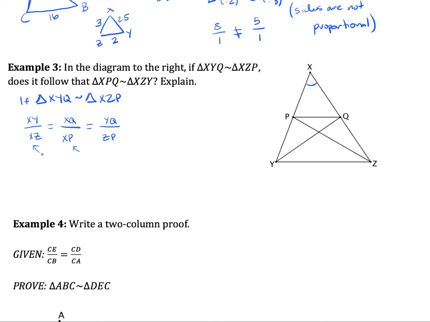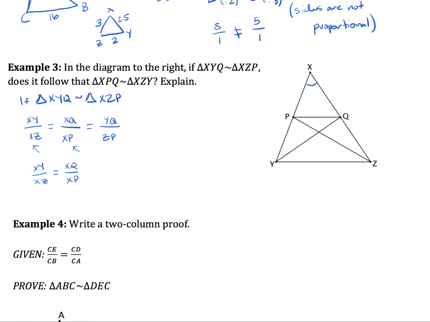So if I bring those down here, according to the statement up here, segment XY's length and segment XZ's length as a ratio equals XQ over XP as a ratio.